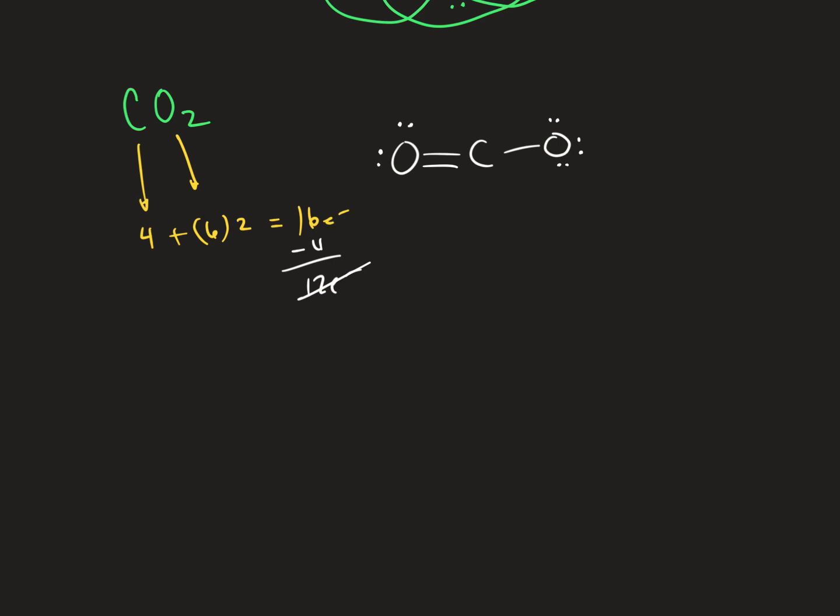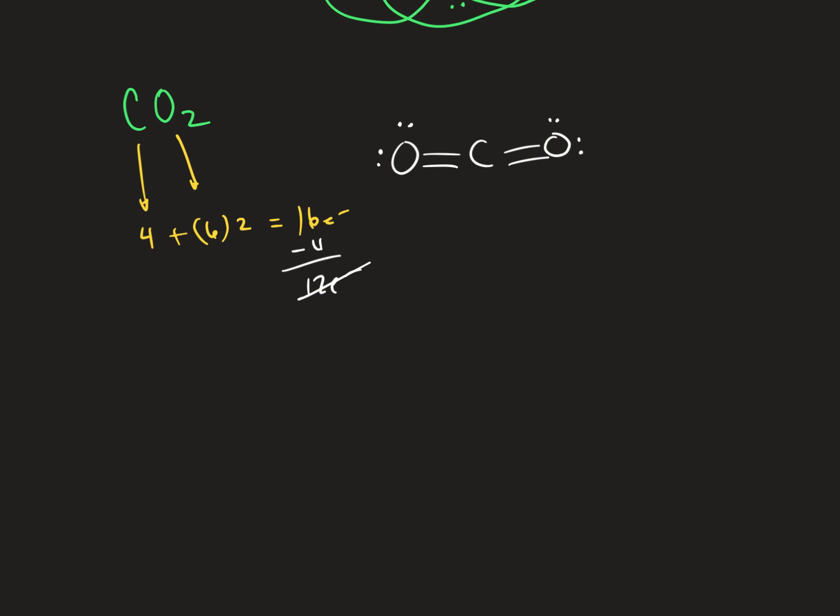And this side over here still doesn't have an octet, so we take 2 off and share there. So we make a double or a triple bond to create that octet. Good? We won't have anything more than a triple bond.